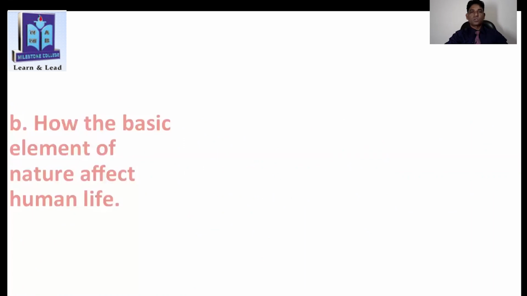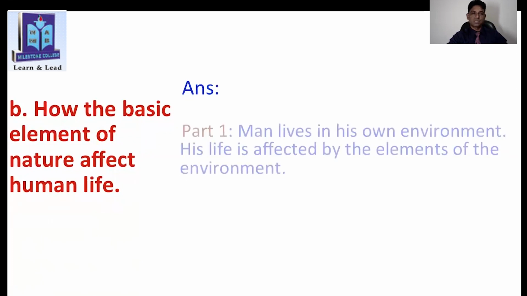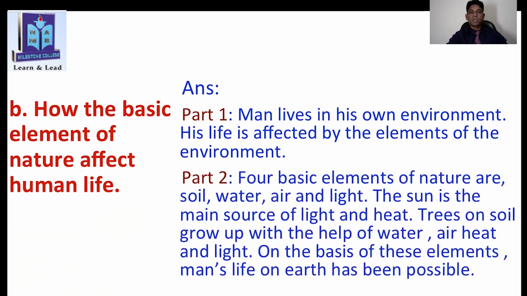And second question here, how do the basic elements of nature affect human life? Yes, the very important question. First part here, man lives in his own environment. His life is affected by the elements of the environment, right? And second part, four basic elements of nature are soil, water, air, and light.